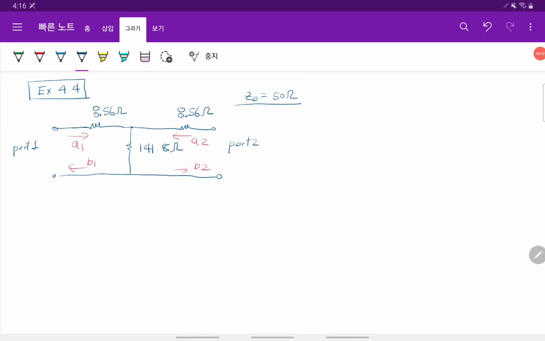Alright, let's solve example 4.4 for your understanding about the S parameter. So this is a circuit shown with a T junction, T shape, right? It has resistors, and this circuit has a characteristic impedance of 50 ohm.